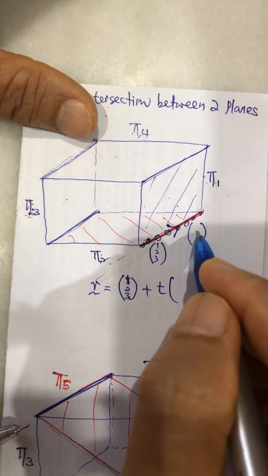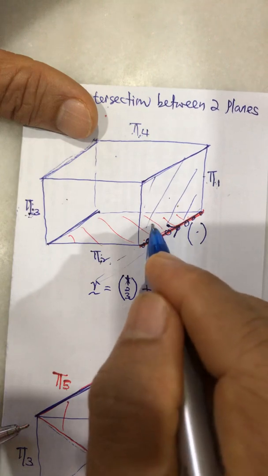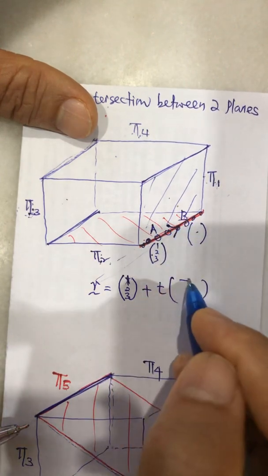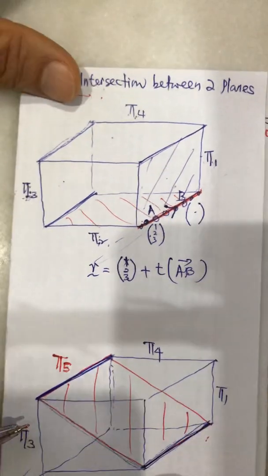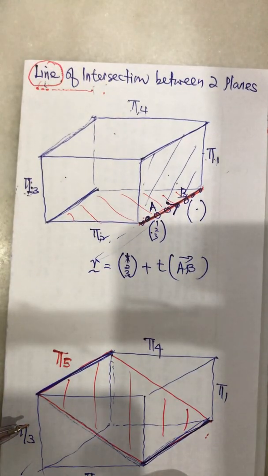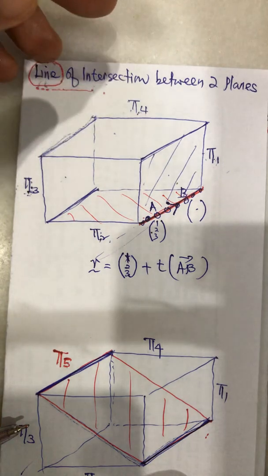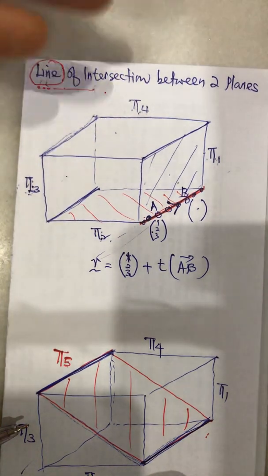How to get the direction? This one minus this one. Let's say this is A and this is B, so the direction is AB. That is how we find it. Of course we have other ways as well. I can show you now, then afterward I will give you an example.